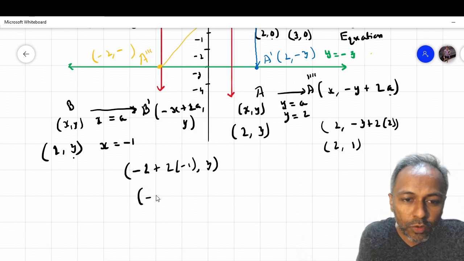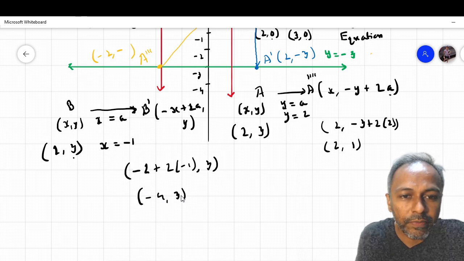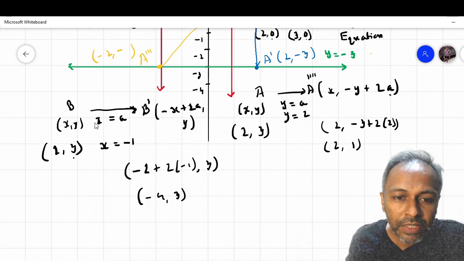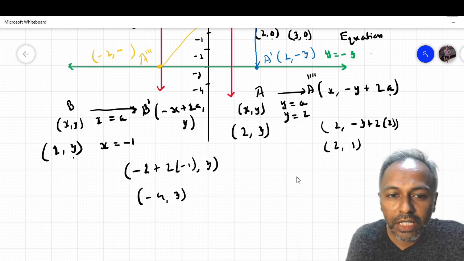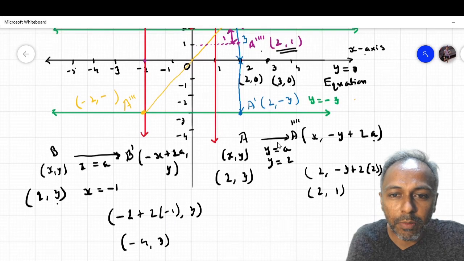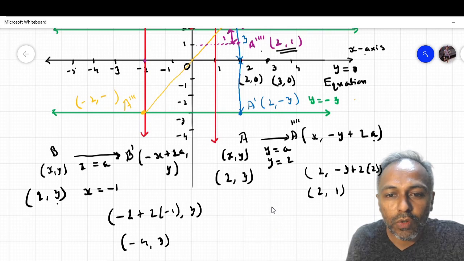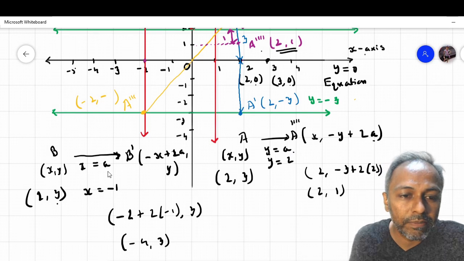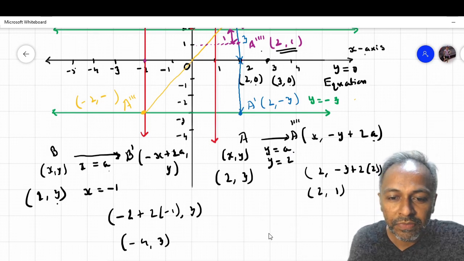So minus 2 minus 2 becomes minus 4, comma 3. This is your answer. So far we have learned reflection of points about the axes and also about the lines which are parallel to the axes, like y = a and x = a. Let us take some more examples.